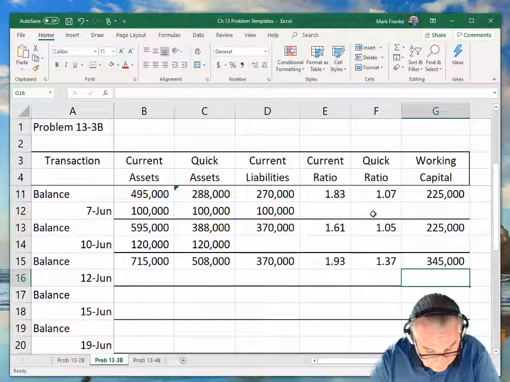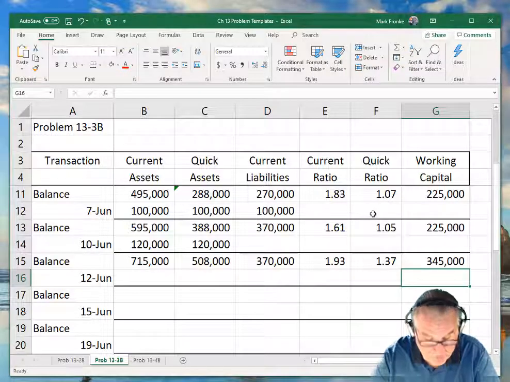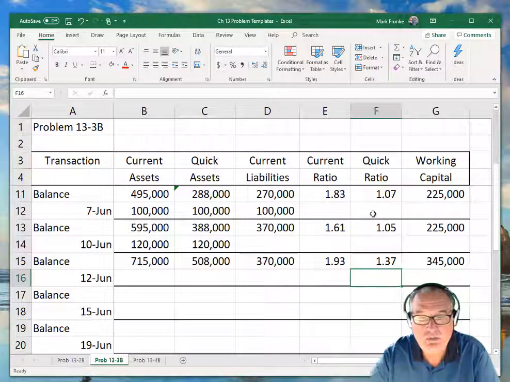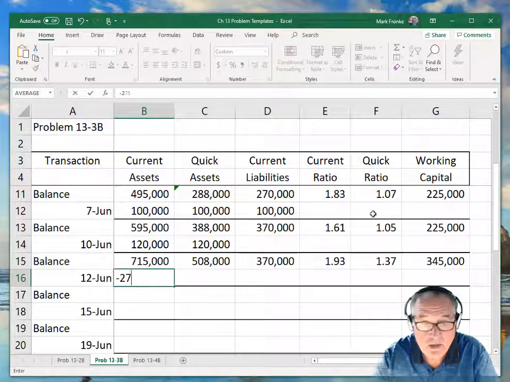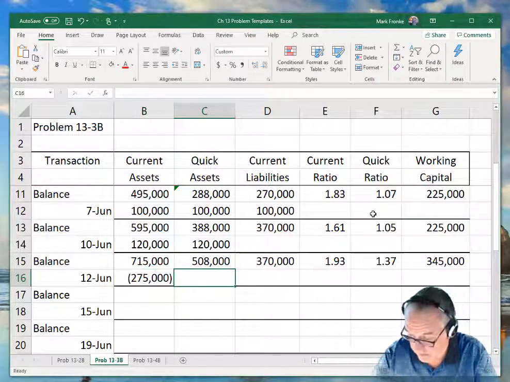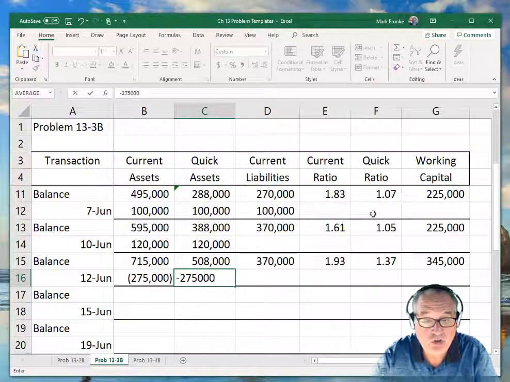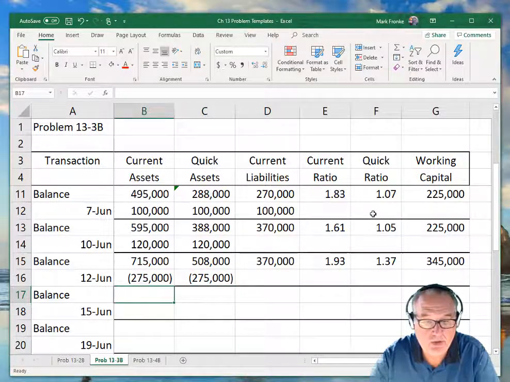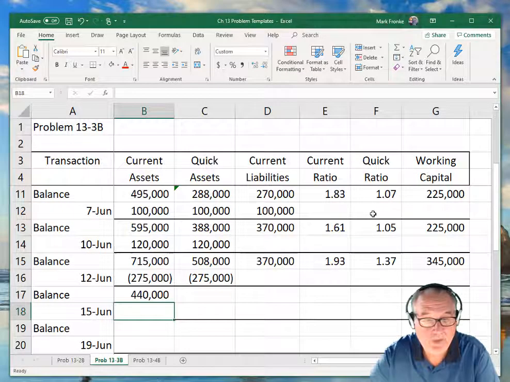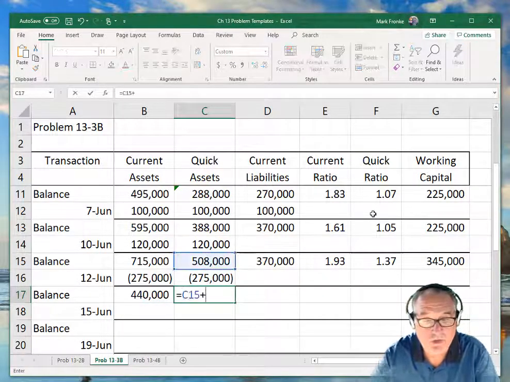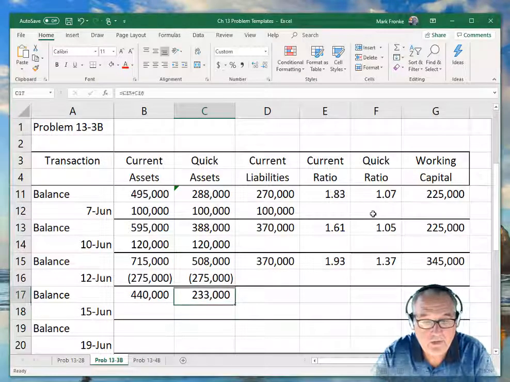On June the 12th, we purchased some machinery for cash. So we spent a quick asset, $275,000, to buy a long-term asset, which is not part of this calculation. So our cash is now $440,000. Our quick assets are now $230,000.